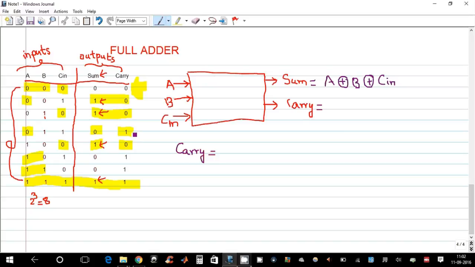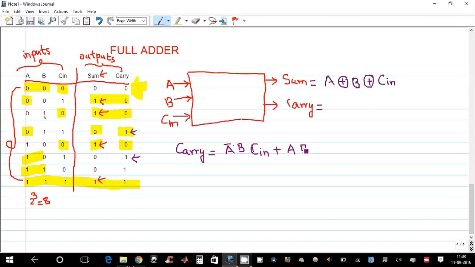So now the carry is 1 here for the set of inputs 0, 1, 1. So this can be written as A bar B C in. Similarly, the carry is 1 for the set 1, 0, 1.